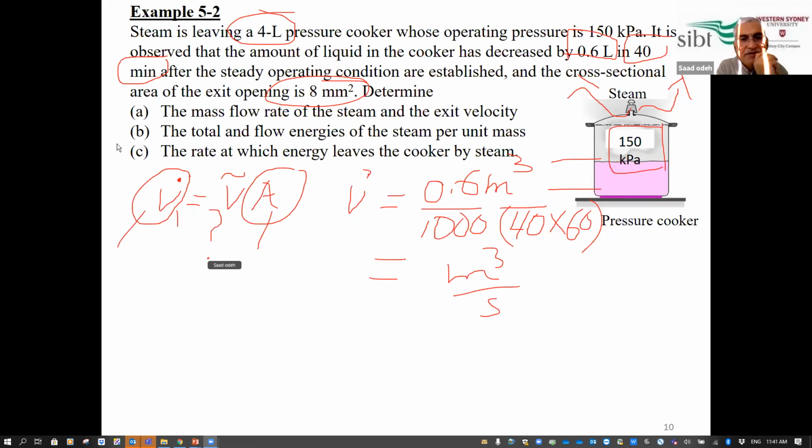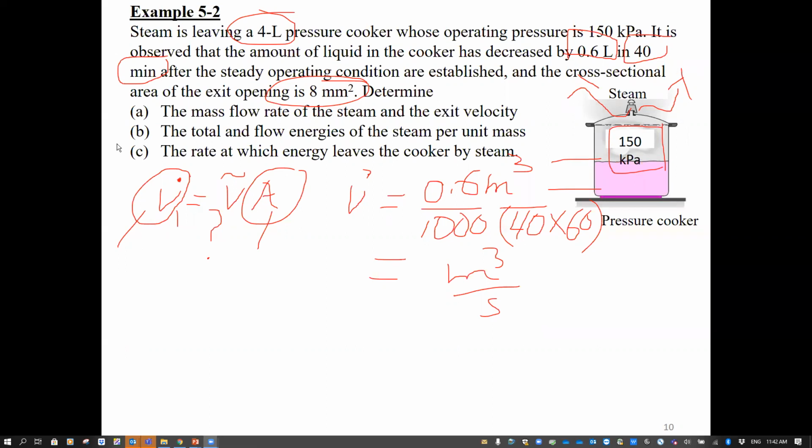So that's one: the total and flow energy of the steam per unit mass. Let's do the first part, and then we come to the second part, which is the flow energy, after the Kahoot. But at this stage, is it clear for everyone? Any question? Okay, before we move to the Kahoot application.